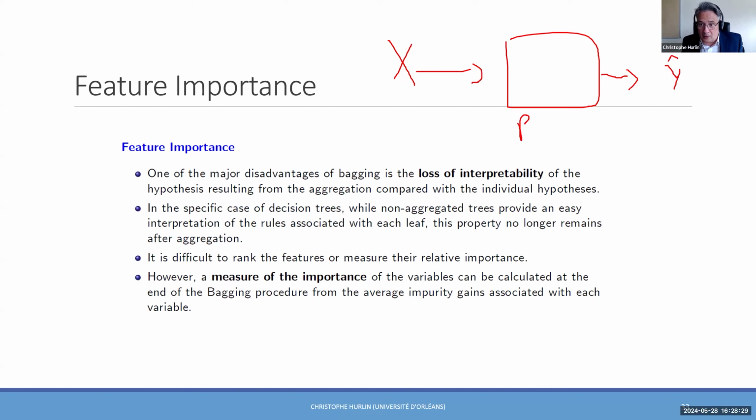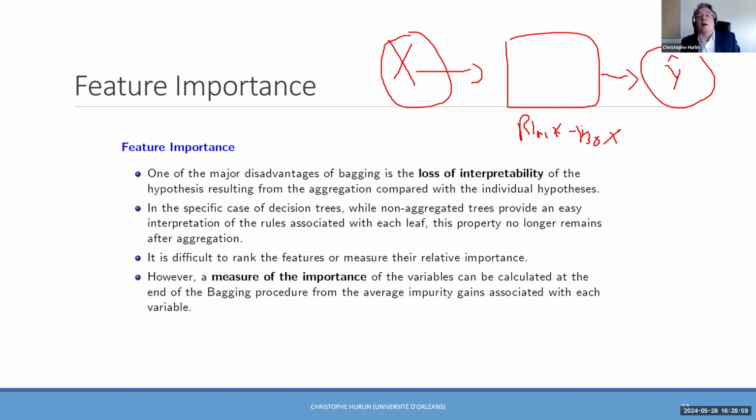We have a black box model for which it is impossible or complex to understand the relationship between the features and the decision of the model. And so interpretable machine learning is a set of methods to try to understand the behavior of the model.